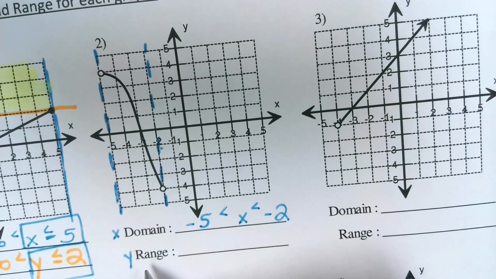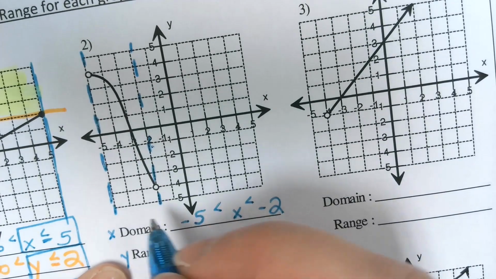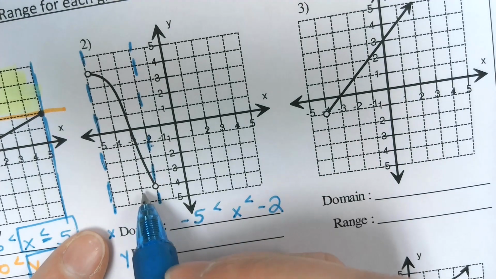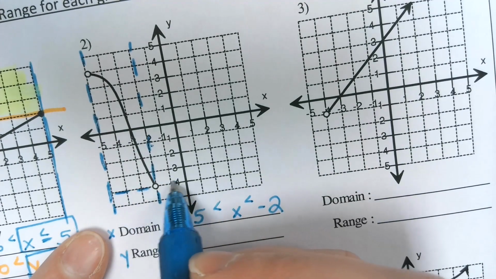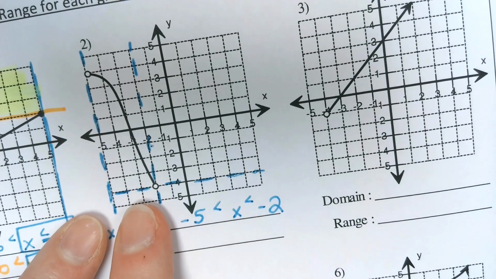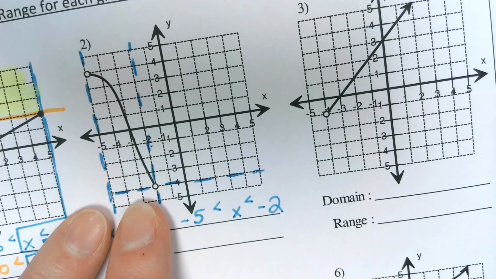And then y is the range. We're going to do low to high, or down to up. So the furthest down it goes is down here. So put your dotted line here. And then up to positive 4.